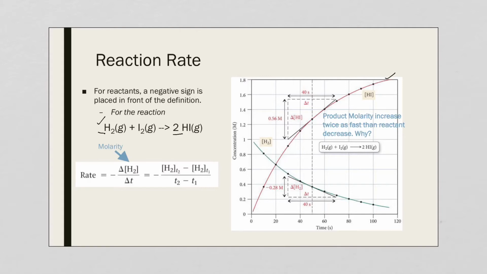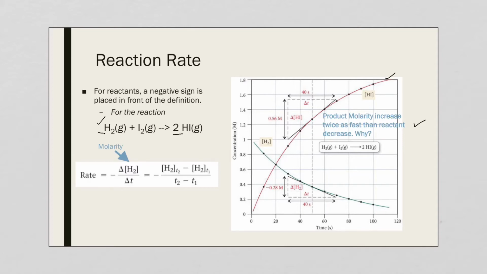So the stoichiometry of the reaction is also going to be obvious from looking at the graphs. We can see that the red curve here is increasing twice as fast as the green curve is decreasing. So coefficients are important.